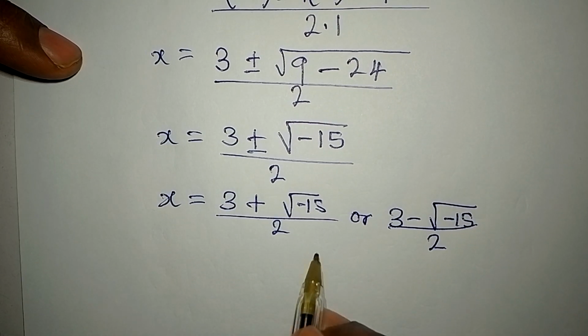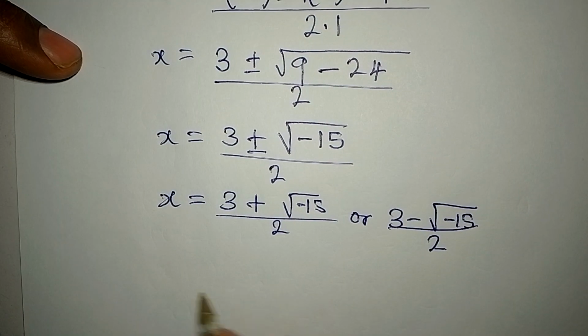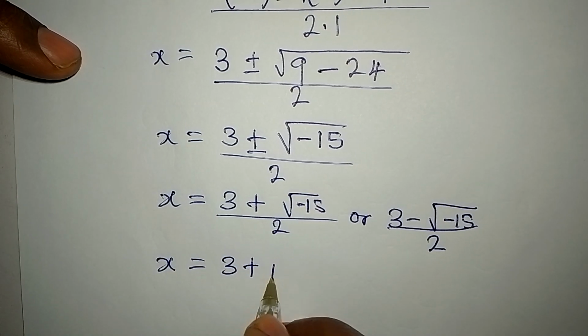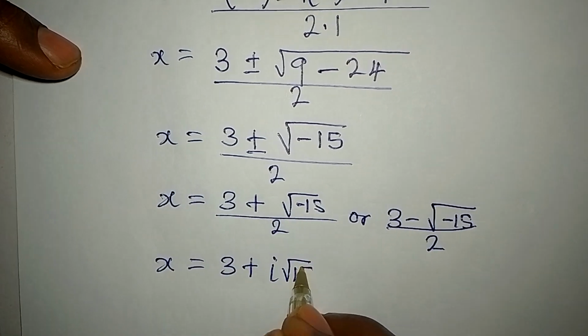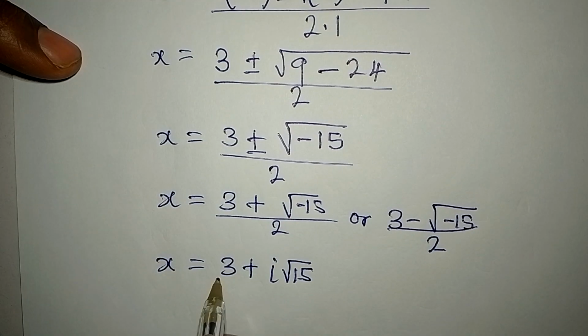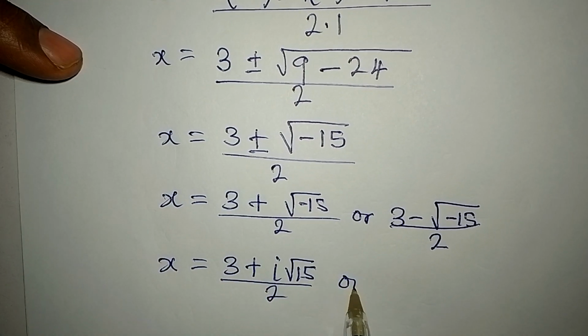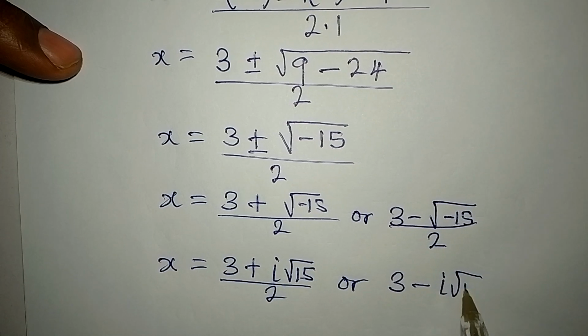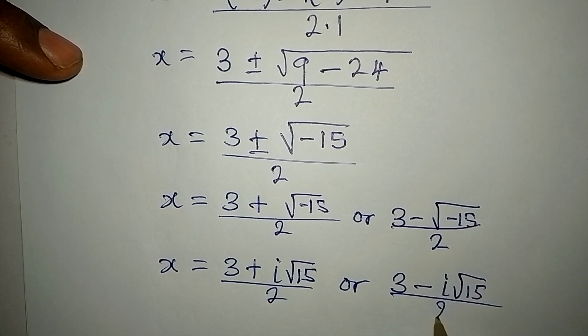Mind you, I can pick out this negative and get imaginary. So x is equal to 3 plus i root 15. The negative is no longer there. This is over 2, or 3 minus i root 15 over 2.